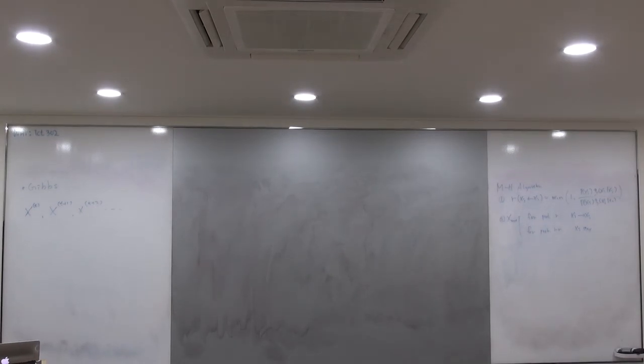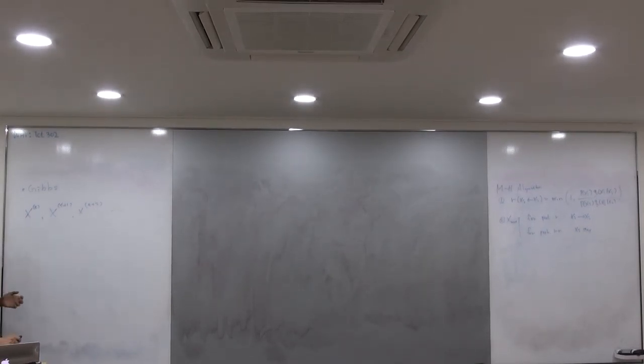Sorry, I just changed the notation. Then, how do you transit? For Gibbs sampling, you transit a single dimension at a step. This x is now high dimensional, right? It's a vector.